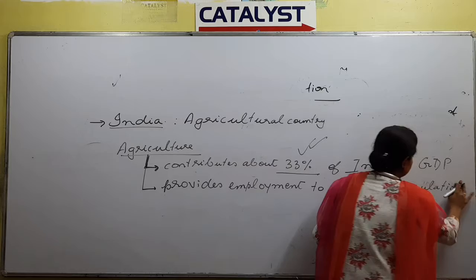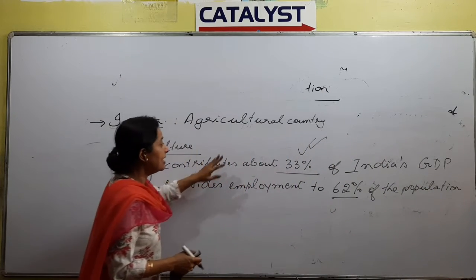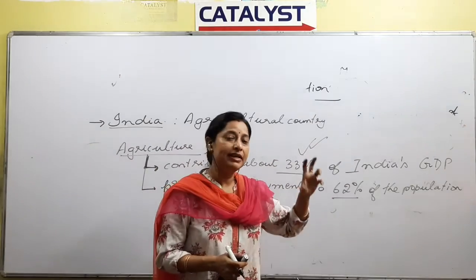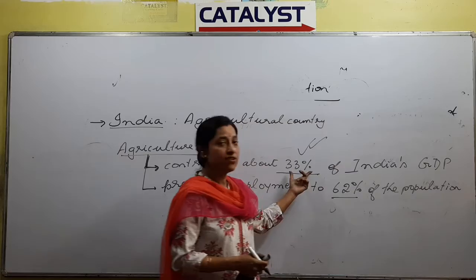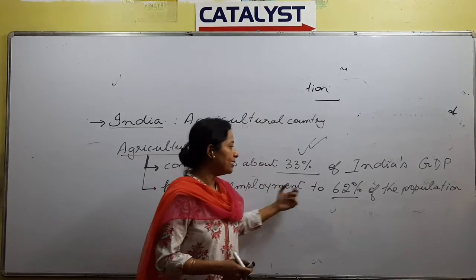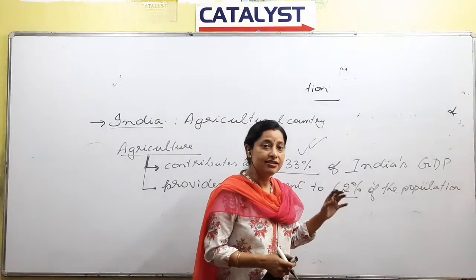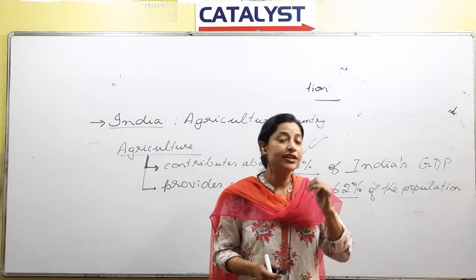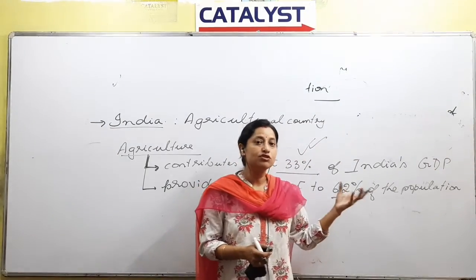Right. So since India is an agricultural country, what we need to remember is that India is based maximum upon agriculture. 33% of India's GDP, plus employment to almost 62%. These figures have increased as of now, and the latest employment percentage might change.